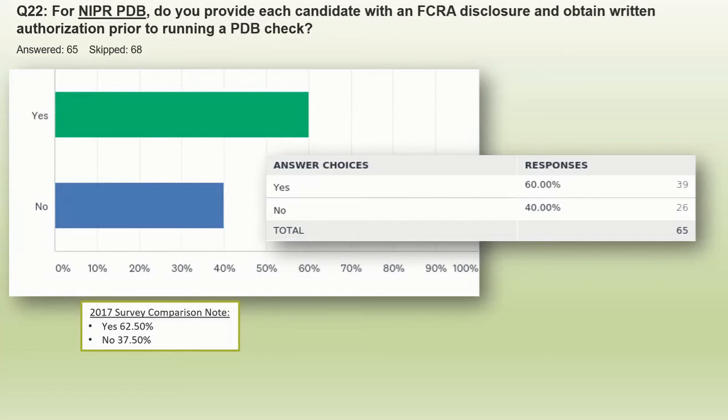If you provided a disclosure and authorization at the time of the background screening, and you're also running a PDB check on that candidate, that will typically address any of the needs that you have for that candidate and their PDB result, until you get to such point as if you're going to take adverse action. So the response rate is flat. This is a hot button topic at every single SILA conference, but the approach and the argument behind it still seems to be pretty consistent year after year.